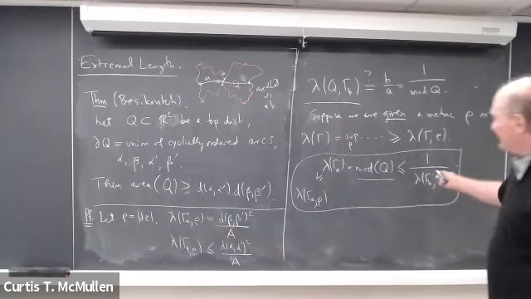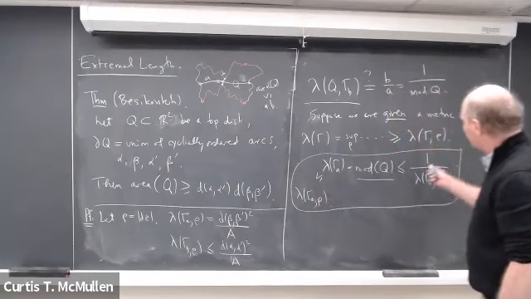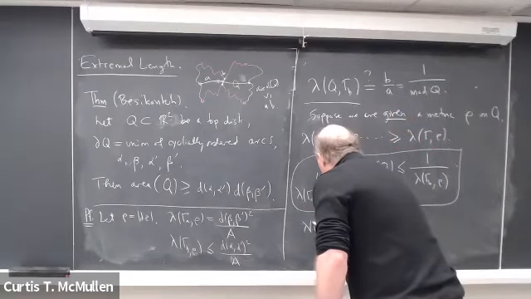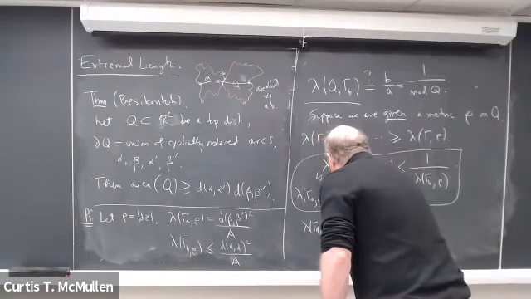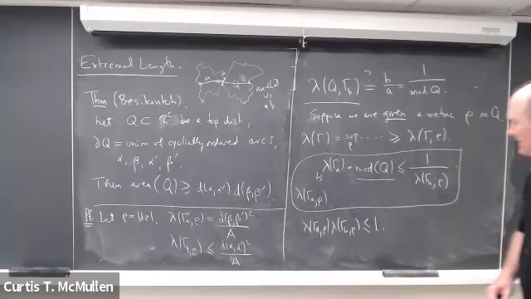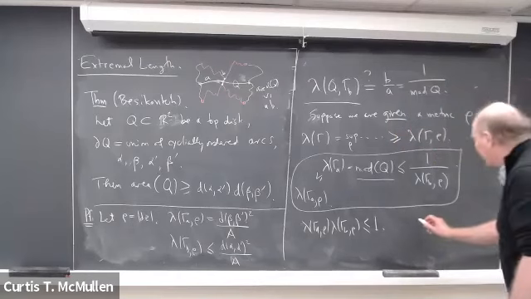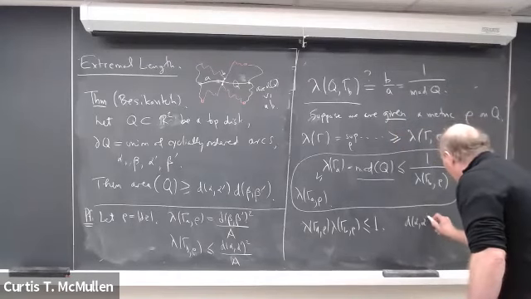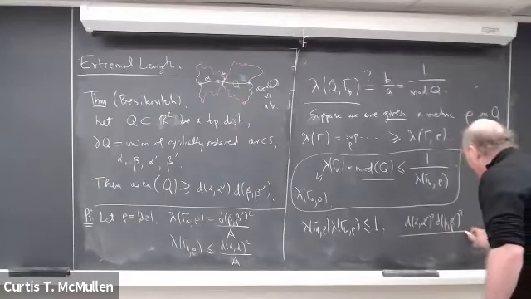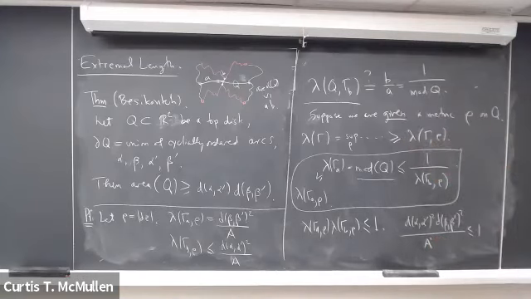Now let's look at this equation that's written down here. It says lambda of gamma A is always less than or equal to the reciprocal of lambda of gamma B. We can write that as saying lambda of gamma A in rho times lambda of gamma B in rho is always less than or equal to 1. And if we apply that in this case, we just take the product of those things, we get the distance from alpha to alpha prime squared times the distance from beta to beta prime squared divided by the area squared is less than or equal to 1.